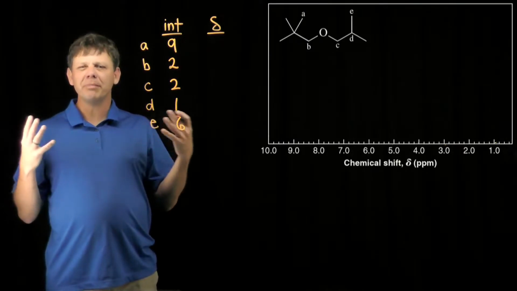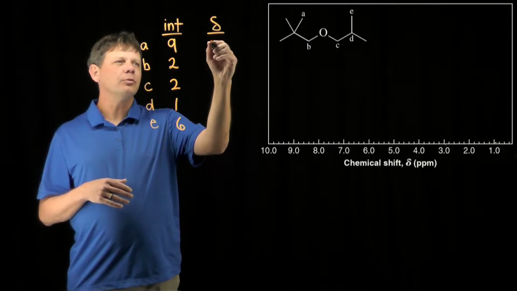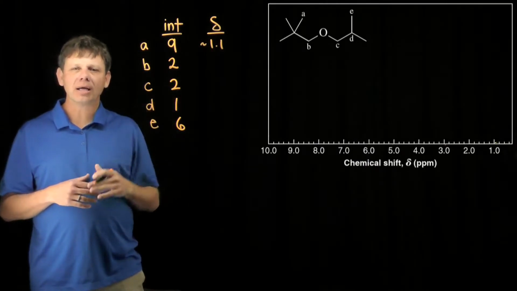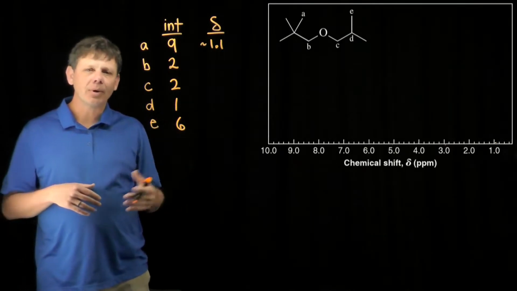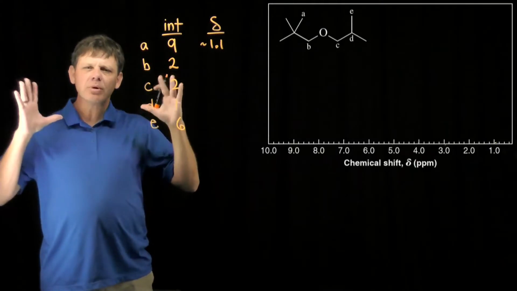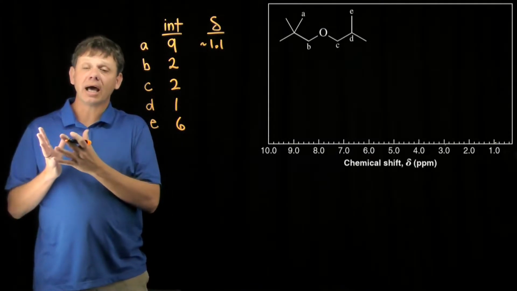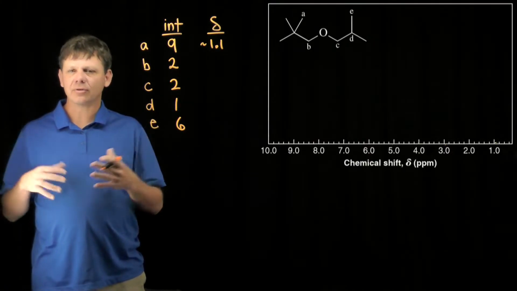And so for those, we'll say that these would be around 1.1. Again, we're using that approximate value, approximately 1.1 parts per million. Could it be 0.9? Sure. 1.3? Sure. But we're just going to put it around 1.1. We certainly wouldn't want to put it higher than 2 because that would suggest it's neighboring something electronegative, a double bond, etc.